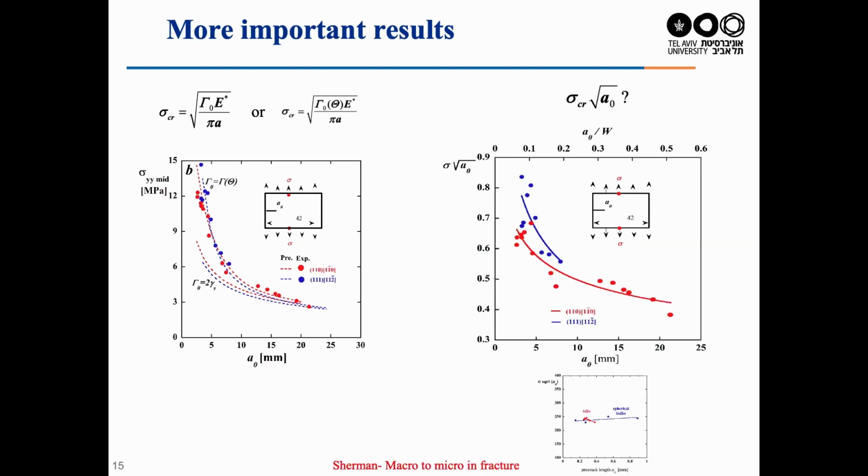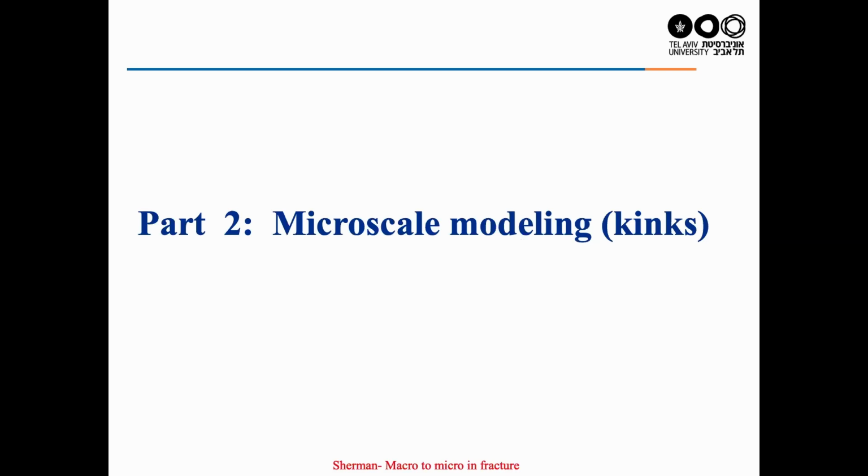Okay. So I'm done with the macroscale experimental results, macroscopic fracture properties. Gamma naught is a function of theta, which is itself a function of the crack length. Not only that.